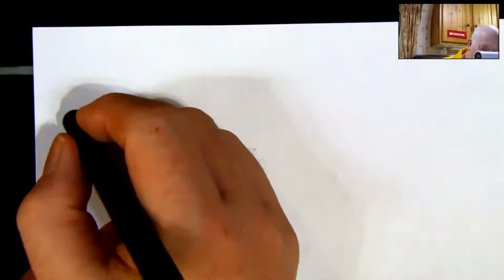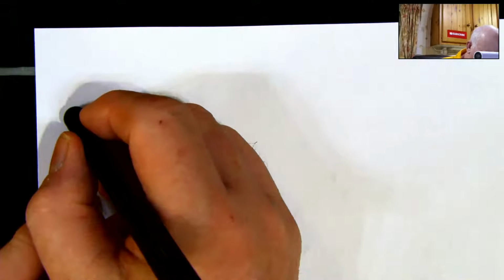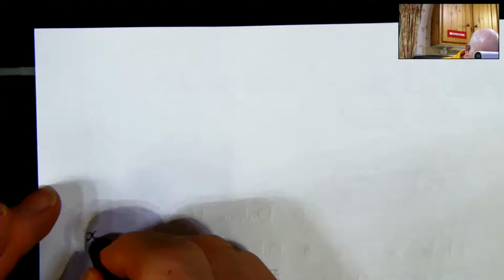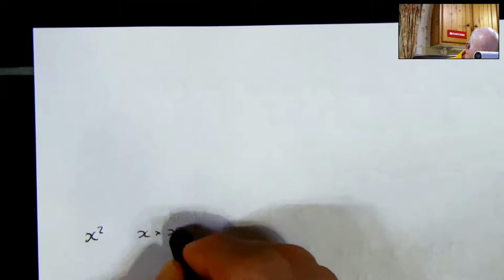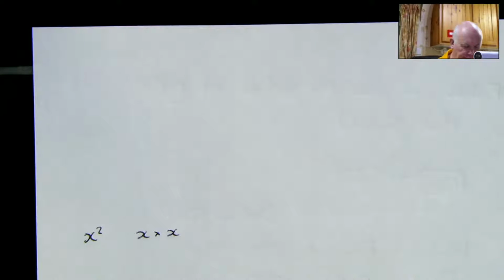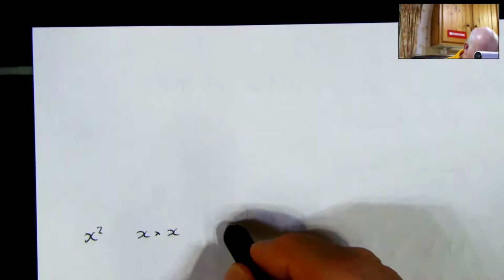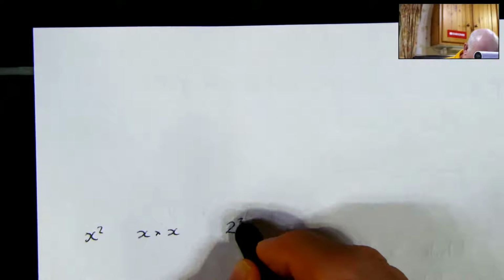Looking at some indices, let's start off with something like, let's go down here a little bit. Let's go for x squared. Well, we know that x squared is x times x, okay? I could have done this a different way. I could have done this with 2 squared.